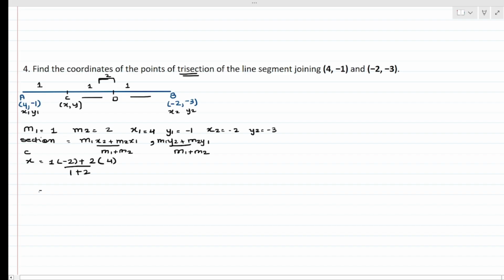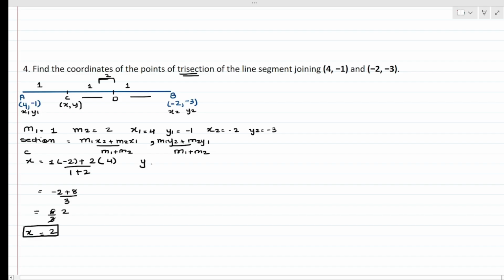Okay, now solve this. 2 times 1 means you will get minus 2, plus 2 fours is 8, upon 3. Minus 2 plus 8, that means you will get positive 6 upon 3, that means 3 twos are 6. So the coordinate of X will be equal to 2. So for point C, X means abscissa, we are left with 2.